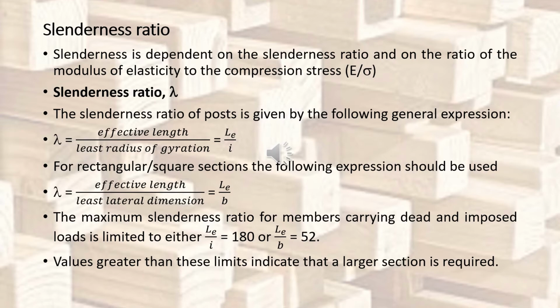Now, slenderness ratio of post is determined by taking the effective length and dividing it by the least radius of gyration. Right? So this is the general formula you use. Slenderness ratio is equal to effective length divided by the least radius of gyration.